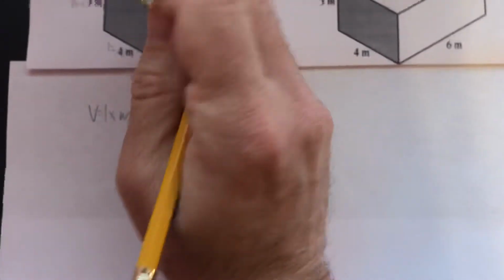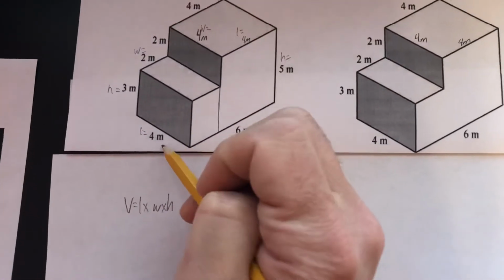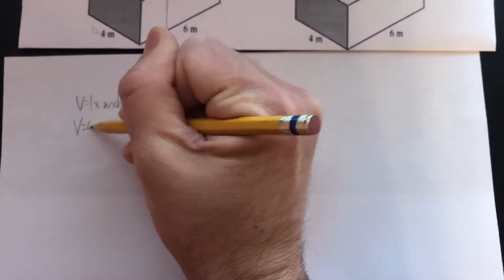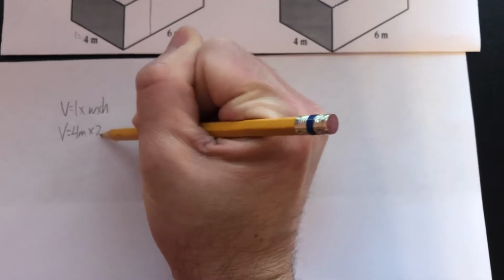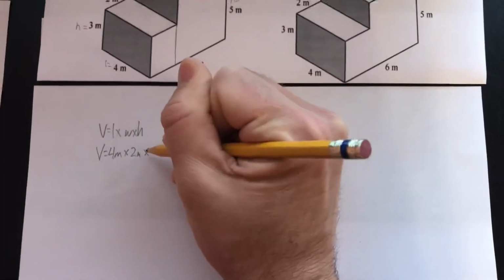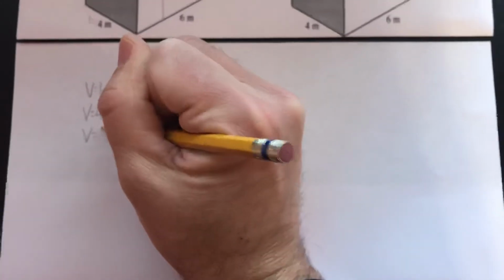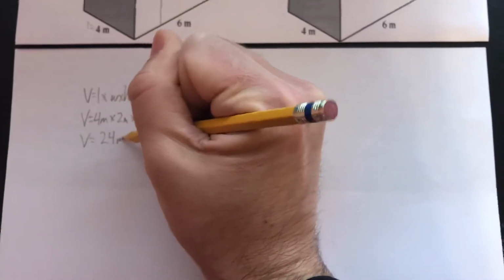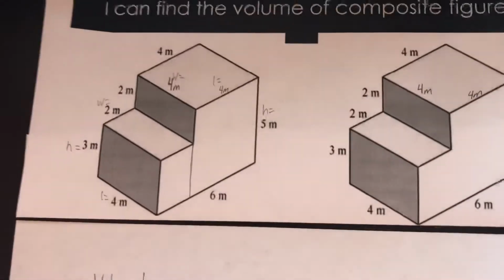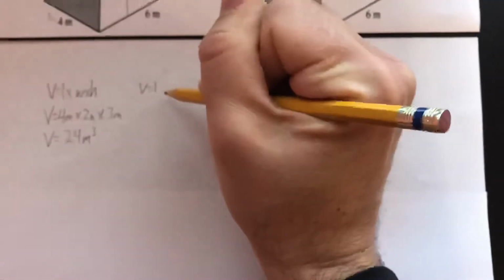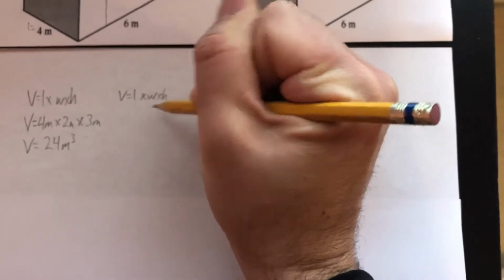So looking at the smaller one on the left-hand side, I see 4 meters by 2 meters by 3 meters. Four times 2 equals 8, times 3 equals 24 cubic meters. Okay, so now when I look at the larger one, let's use our same formula. Volume equals length times width times height.